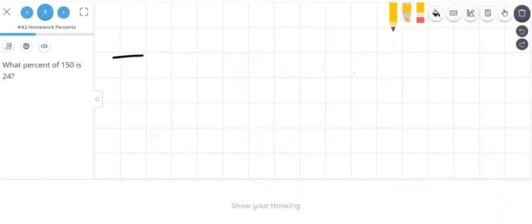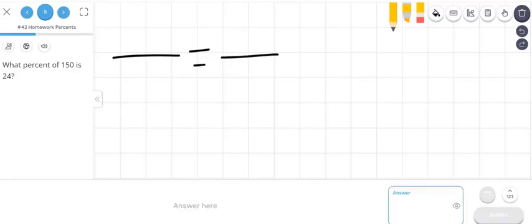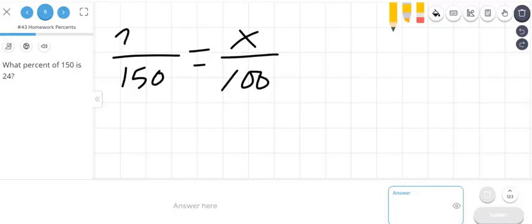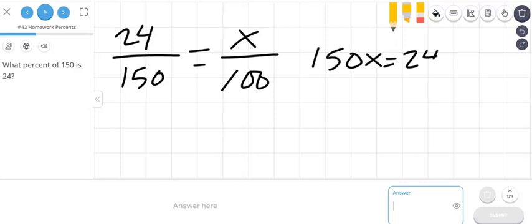Okay. Next one. We're looking for the percent. The of is 150. Goes on bottom. 24 goes on top. Do our cross products, we get 150x equals 2400.